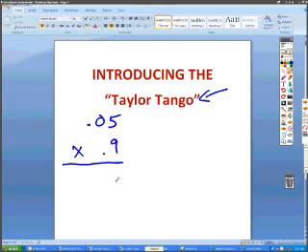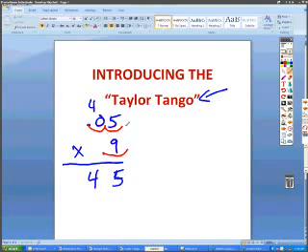So 9 times 5 is 45. Carry your 4. 9 times 0 is 0 plus 4 is 4. Now we have to determine where the decimal point goes by doing the Taylor Tango. Count how many digits are to the right of the decimal point or decimal points. In this case, there are 2 decimals, so we have 1, 2, 3.